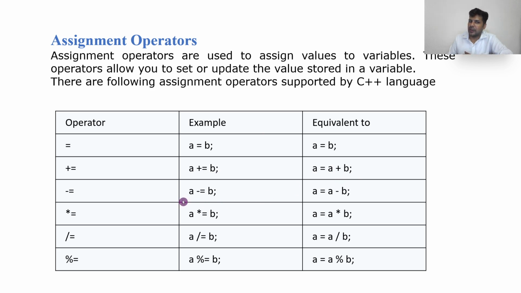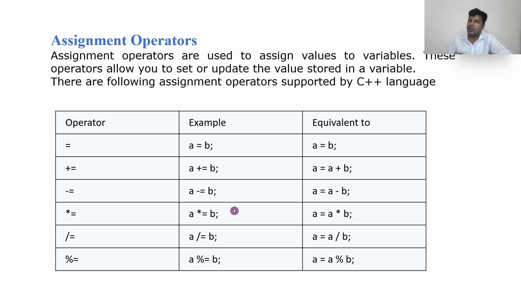If I write a minus equal to b, it is a equal to a minus b. The only thing is you don't need to write the same variable twice. Instead of a is equal to a plus b, you can just say a plus equal to b, and the same way for minus.